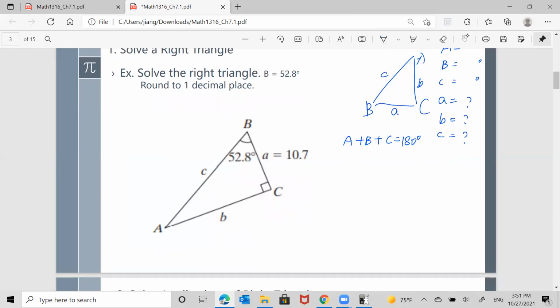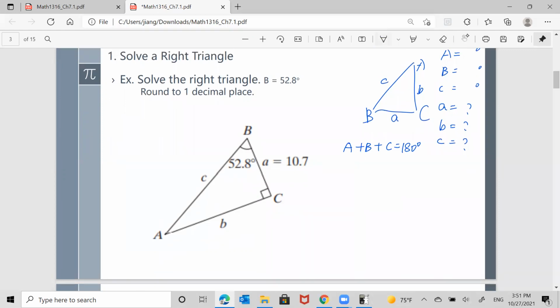That means A equals 180 minus 52.8 degrees minus 90 degrees.